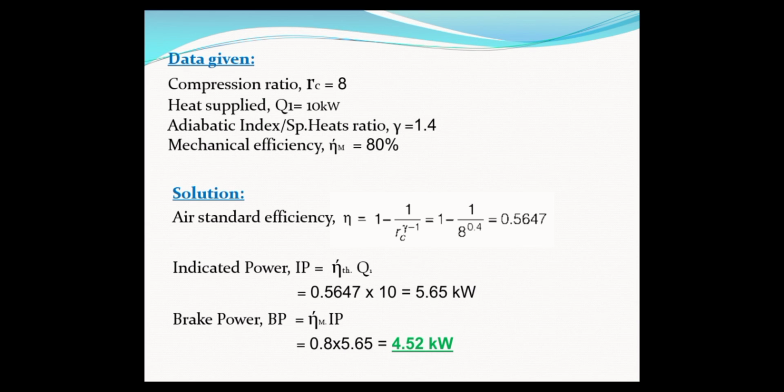Mechanical efficiency is given as 80%, that is 0.8, into indicated power we have calculated, that is 5.65. So this product gives 4.52 kilowatts power. This is the exact answer.